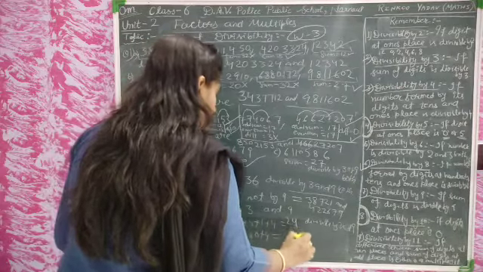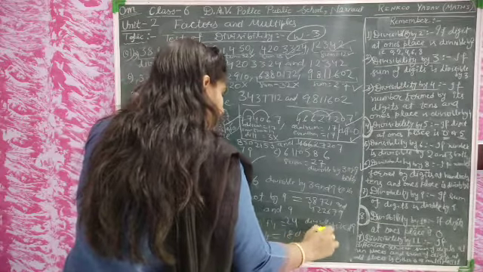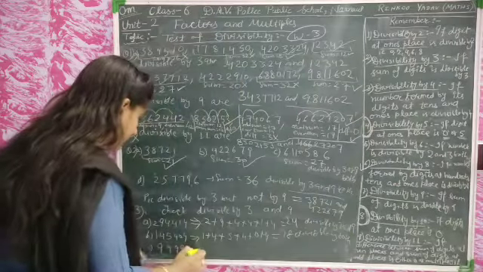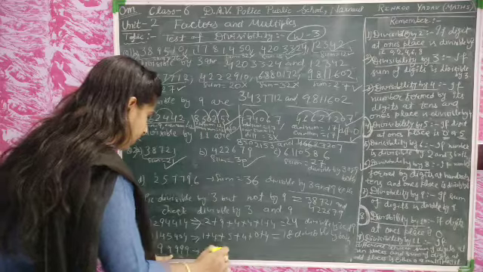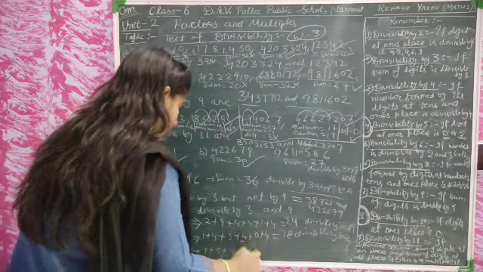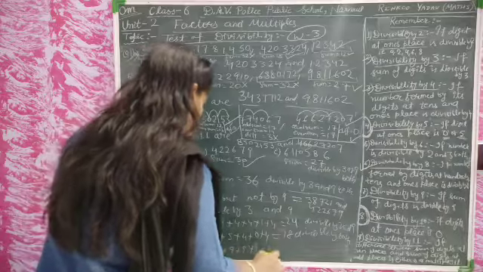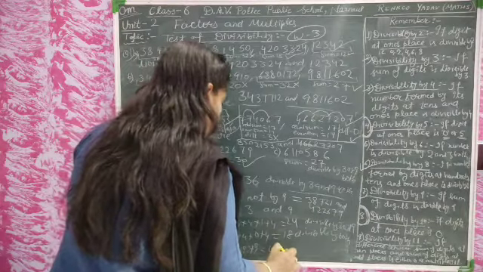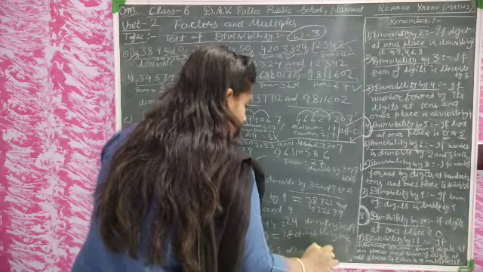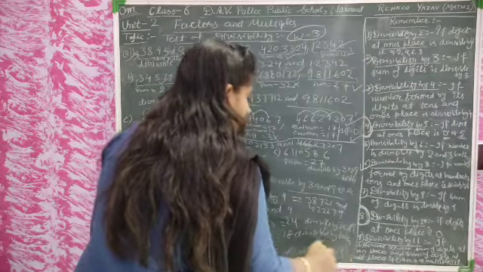That is 18. Divisible by both. Okay. Now last is 9 plus 9 plus 9, 9, 18. That is 45. So divisible by both. Okay students.